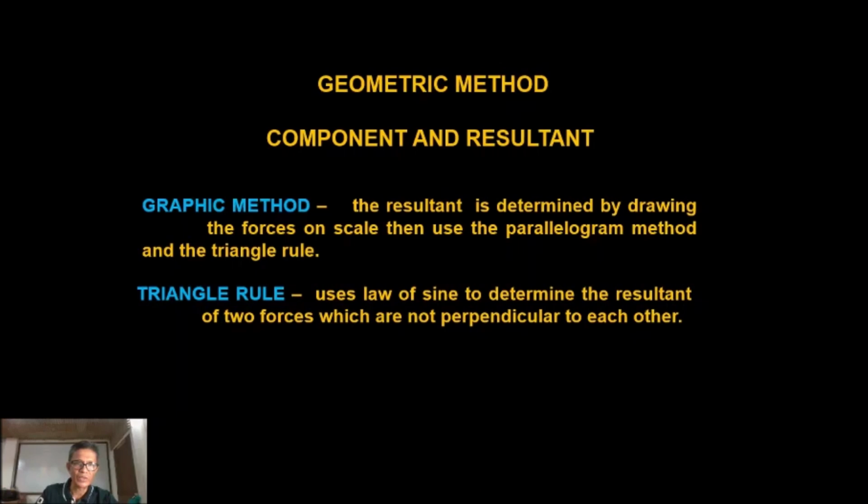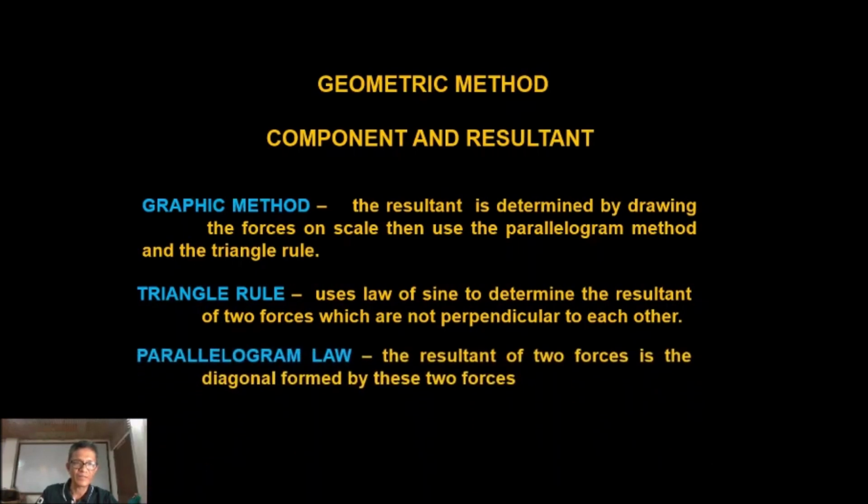The triangle rule uses the law of sines to determine the resultant of two forces which are not perpendicular to each other. And in the parallelogram law, the resultant of two forces is the diagonal formed by the parallelogram of these two forces. Okay. So, let's start with the force component determination.